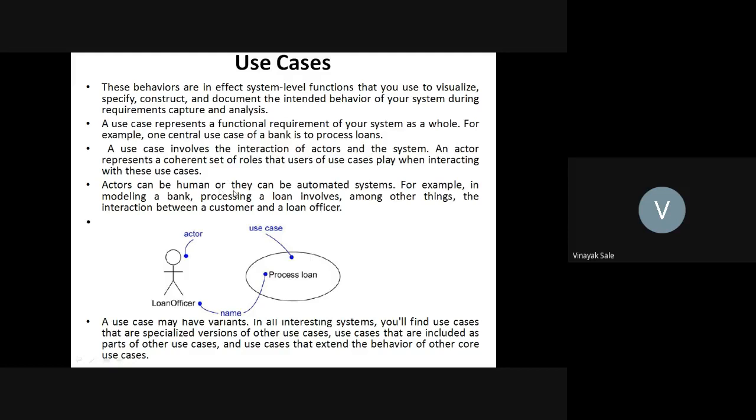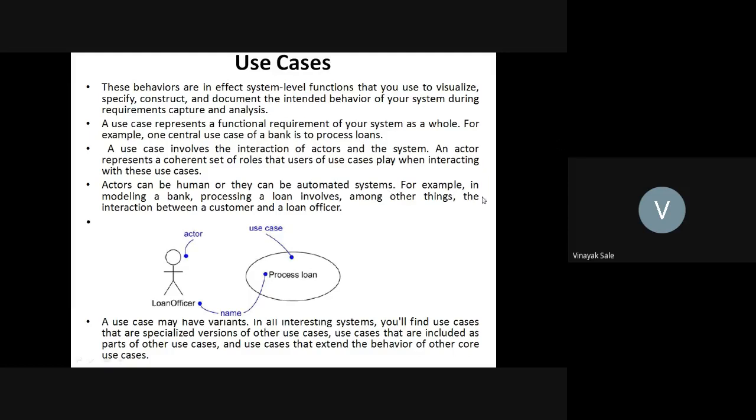Actors can be human or they can be automated systems. In the case of an ATM machine, when you draw money from the ATM, the ATM acts as an actor. So an actor may be an automated system.